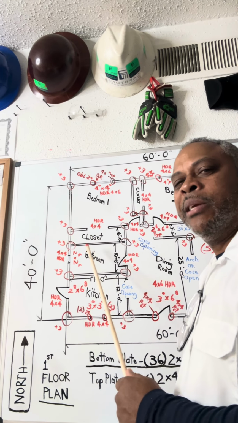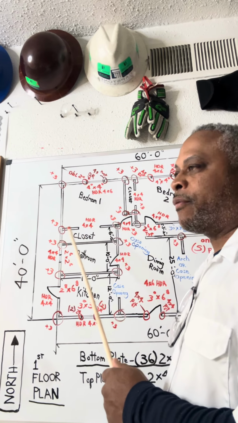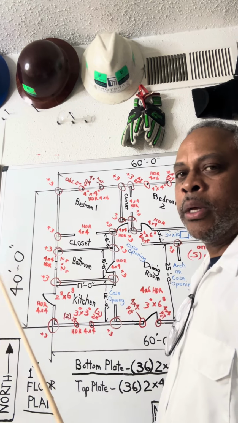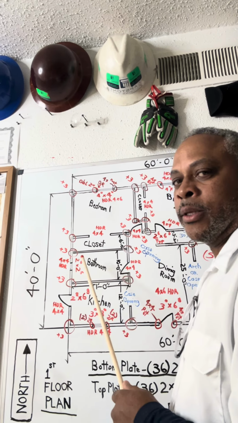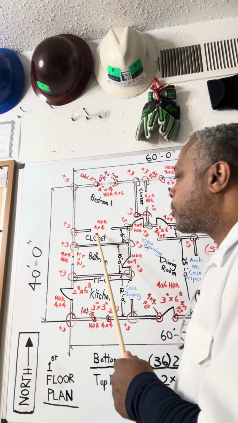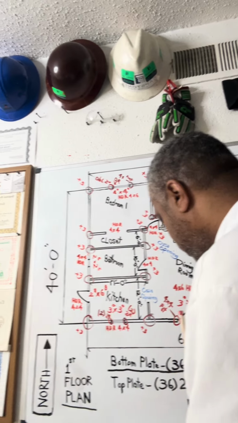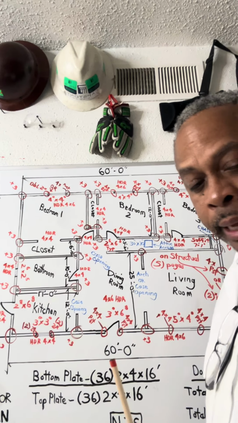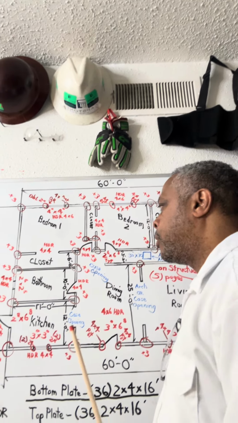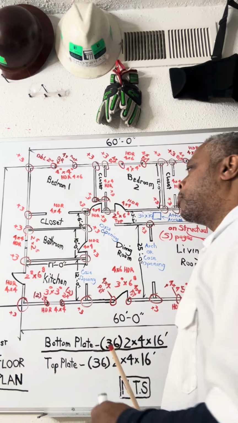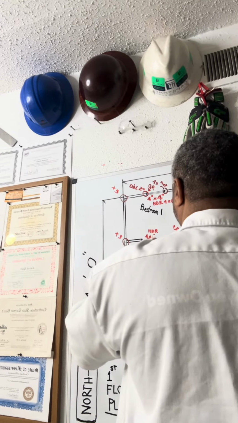It's a 6-foot deep closet, or it's going to be 5 foot, probably, 6.5 inches when you put the wall and take away the wall thickness. But the header, it's got to be a 4x6. It cannot be a 4x4 header for an 8-foot opening. Usually, it's got to be a 4x8.